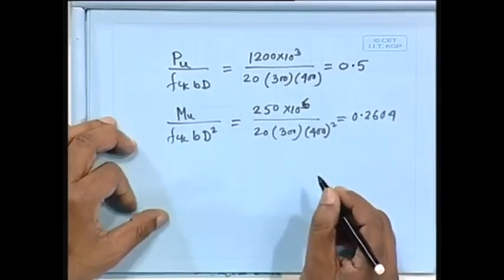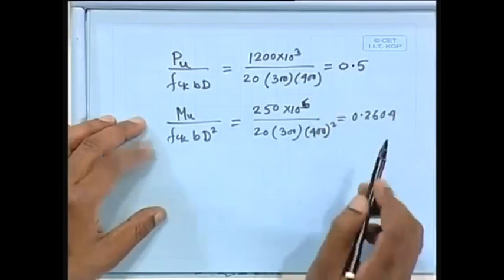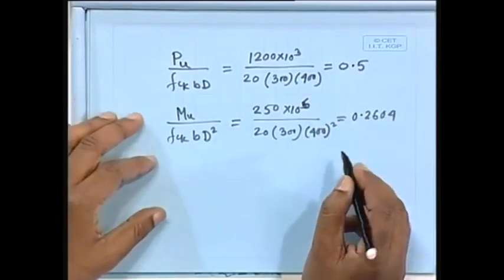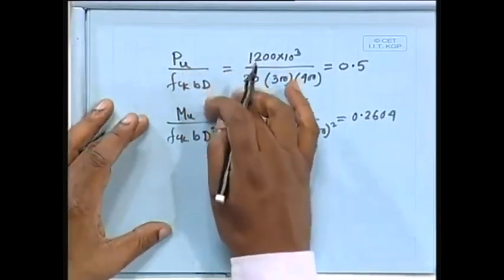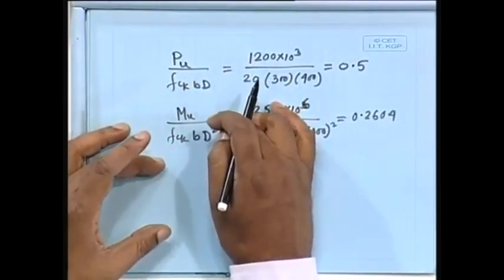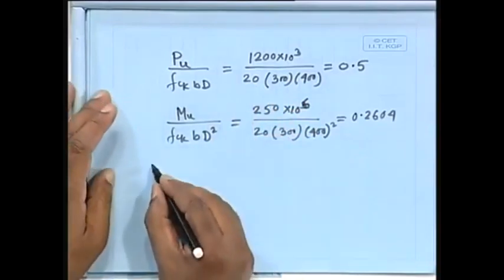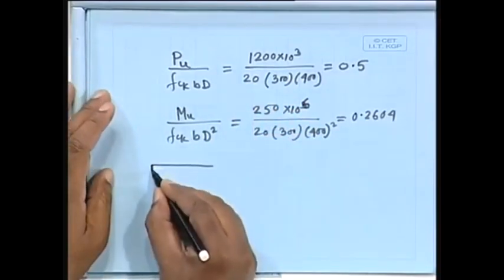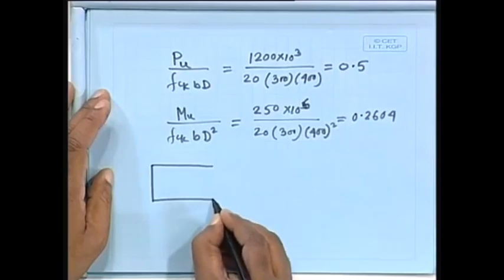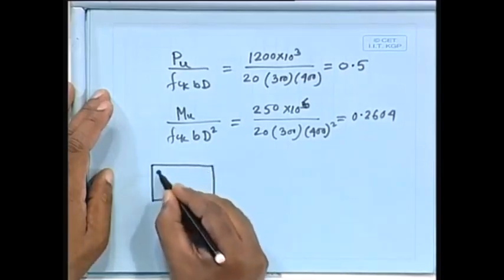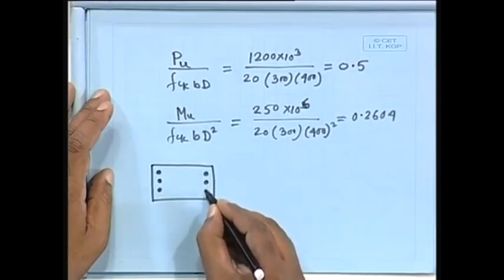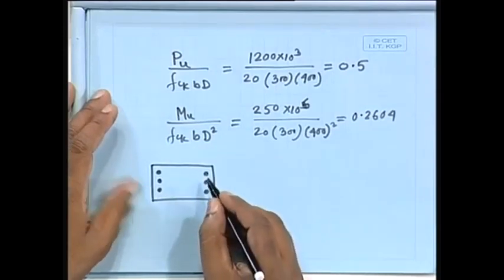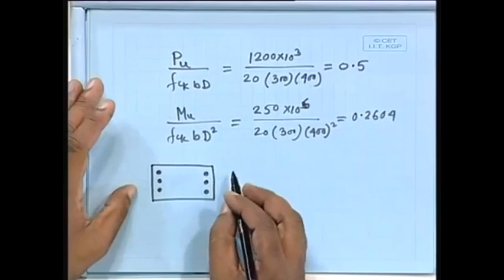What about your d dash? Our code says that it is not only dependent on this Pu by fck bD, Mu by fck bD square. Since it is dependent on, let us say we shall provide the reinforcement along this. When you are calculating moment of resistance, what is happening here?